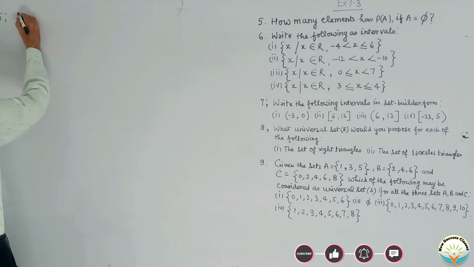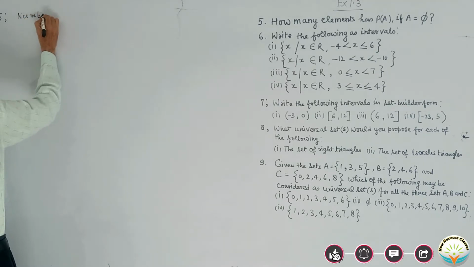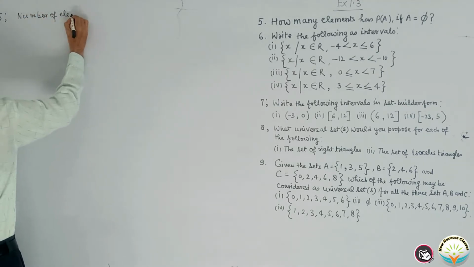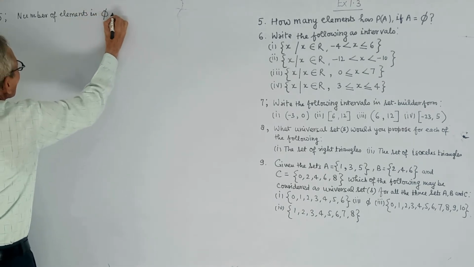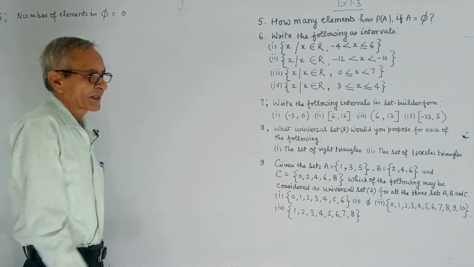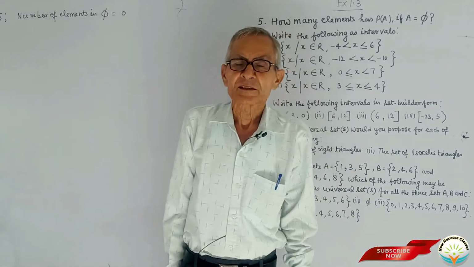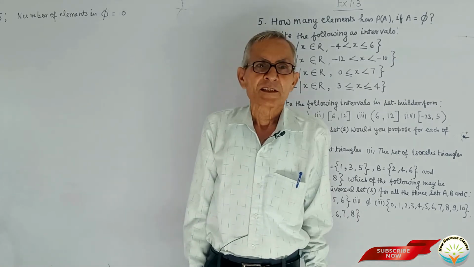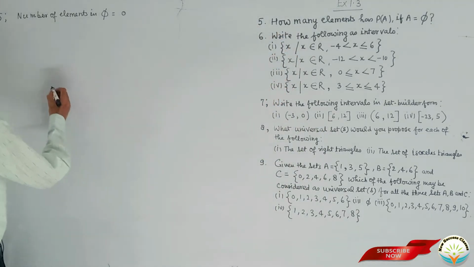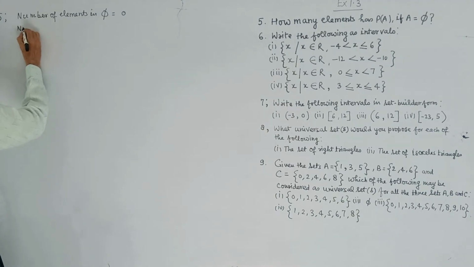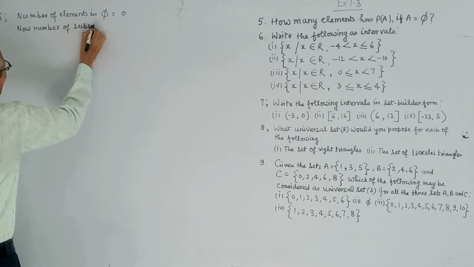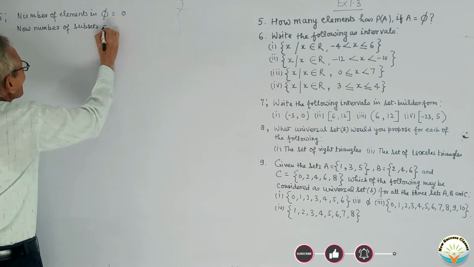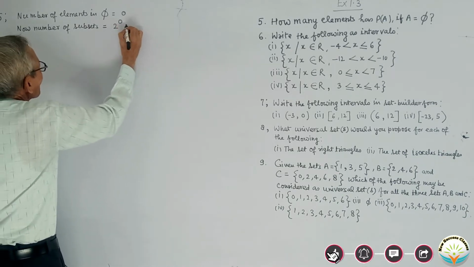So the number of elements in the null set is 0, because there is no element in the null set. Therefore, the number of subsets is 2 raised to the power 0, that is 1.